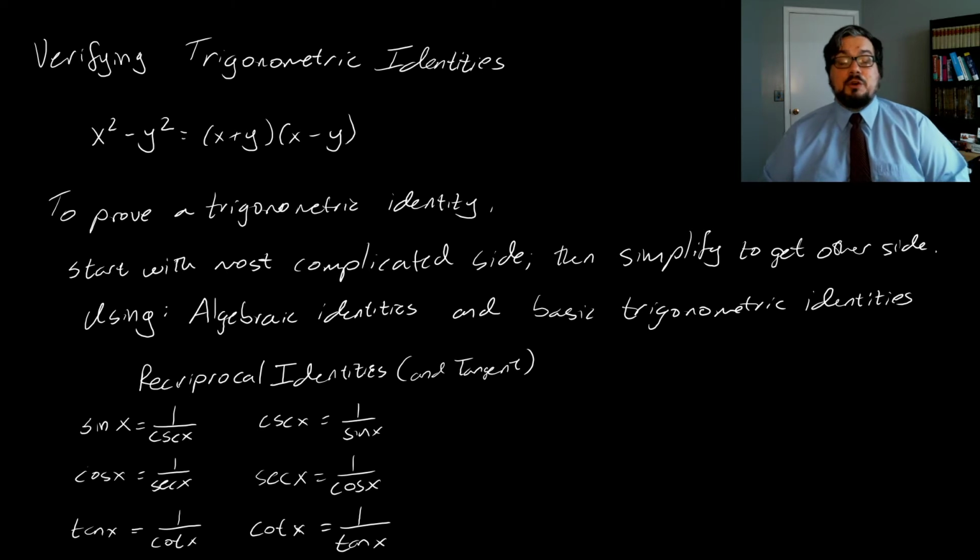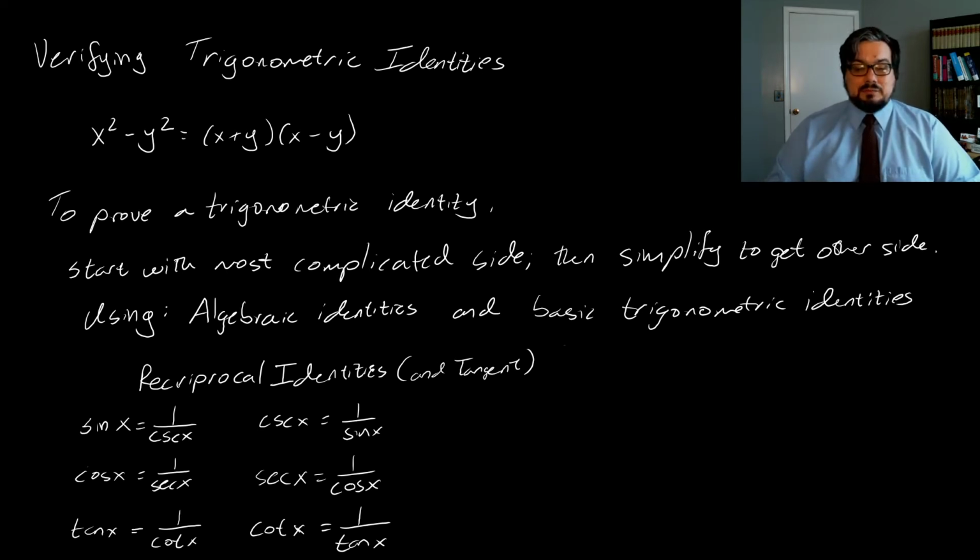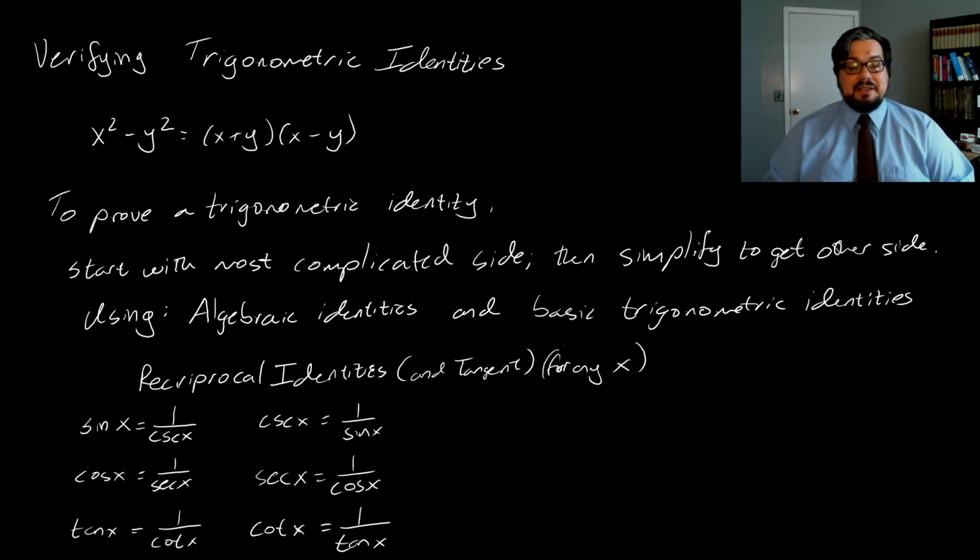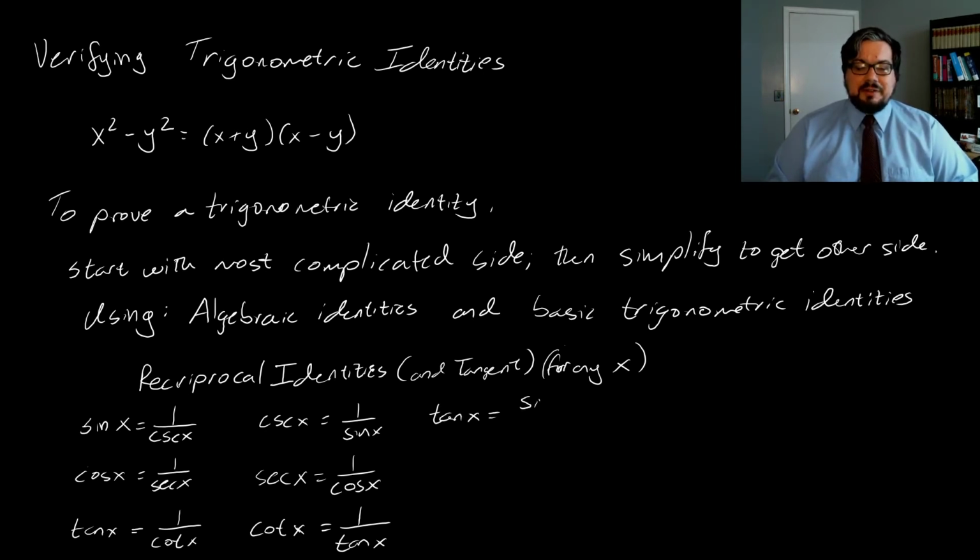And this is for any x, including if x, the value that goes inside the function, is an expression rather than just a single variable. We also have that tangent of x is equal to sine over cosine, and we have that cotangent of x is equal to cosine over sine.